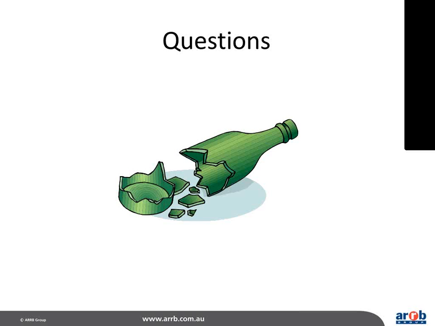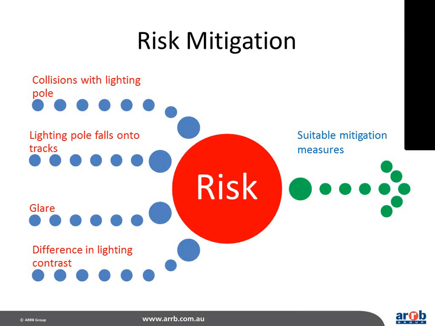Okay. Yeah, thanks. As mentioned earlier in the design consideration, you need to look at risk. When you're putting lighting at a railway crossing, the lighting columns, the lighting poles themselves are a risk. You're going to have collisions with lighting poles. The lighting pole could fall onto the railway tracks.